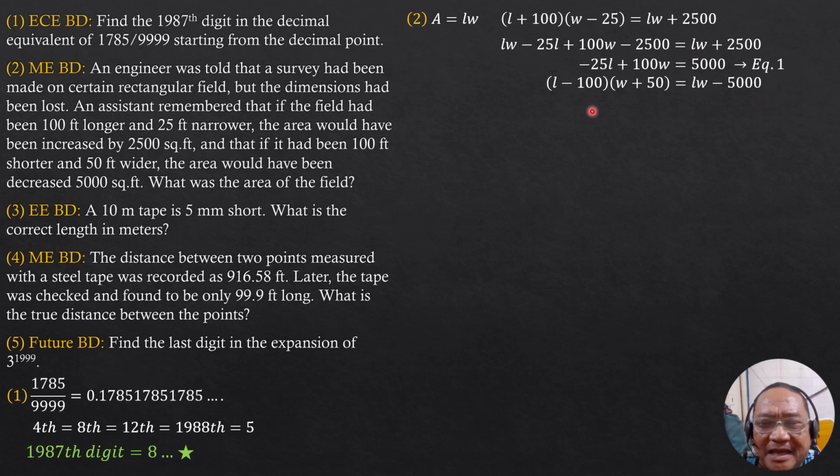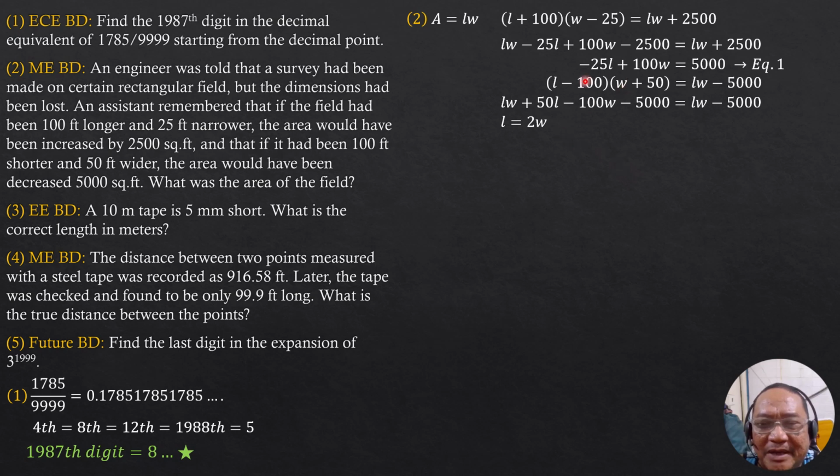Again, expanding, LW plus 50L minus 100W minus 5,000 equals LW minus 5,000. So we cancel LW, we cancel negative 5,000, and conclude that 50L minus 100W equals 0, or L equals 2W.